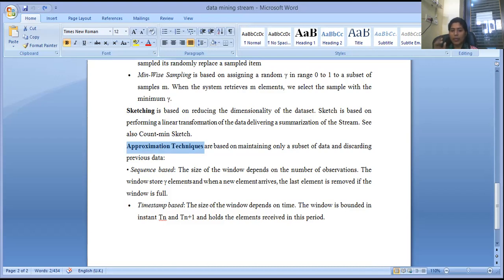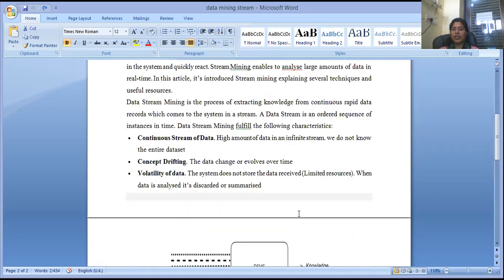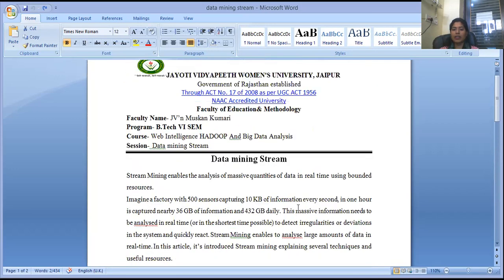Tn is the timestamp, and Tn plus 1 holds the elements received in this period. Whatever elements and items come in this period, you are holding all those items and data. So this is basically data mining on streams.